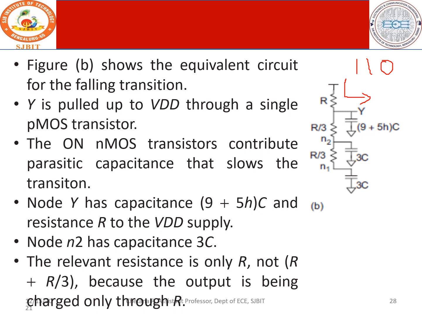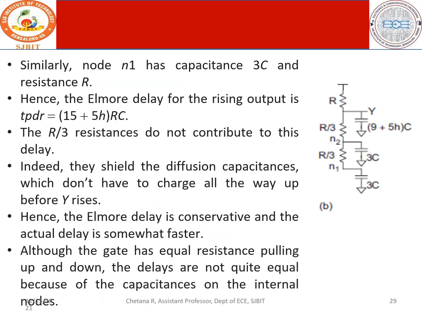Therefore, the delay is calculated as R into 9 plus 5H plus R into 3C plus R into 3C. So that is how the delay is calculated, and it turns out to be 15 plus 5H RC.